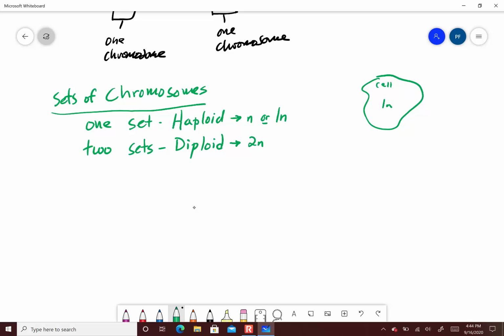And I know this is really simple, but recognize that 2N is twice 1N and 1N is half of 2N. Right, so when we're looking at actual chromosome numbers, I'm going to show you an example in a second. I mean, that's kind of our options, right? If we have an actual number, say it's 20, then from that 20, all we can do is either double it or cut it in half, right?